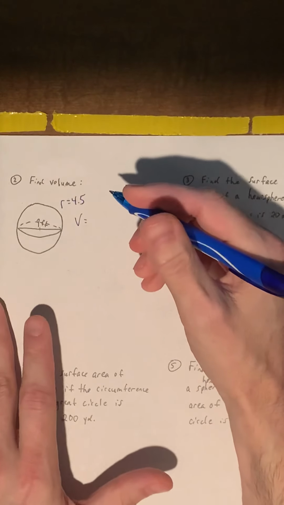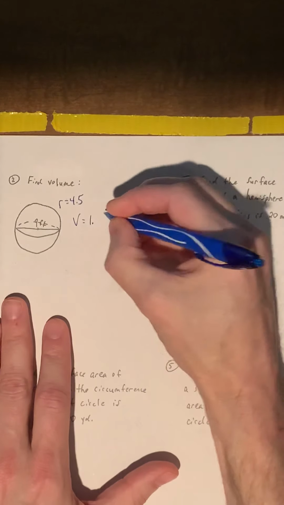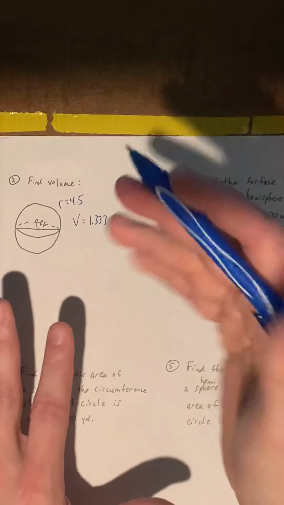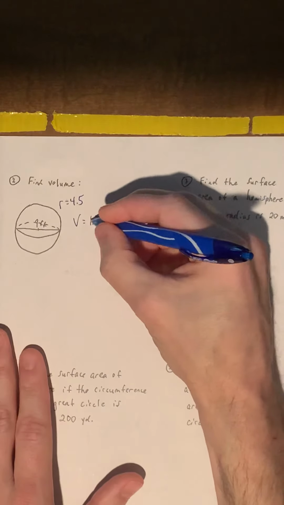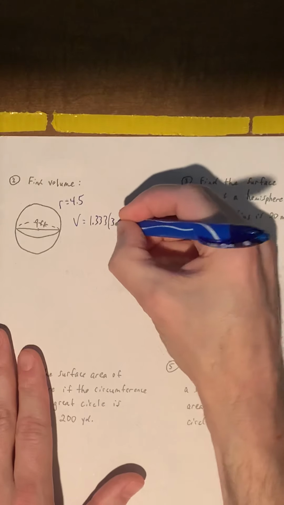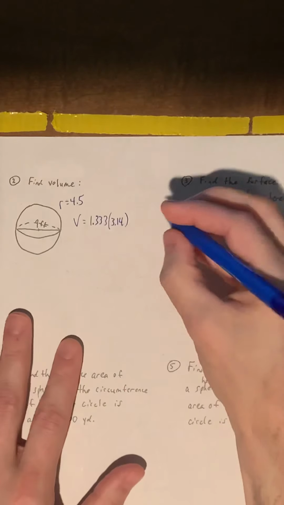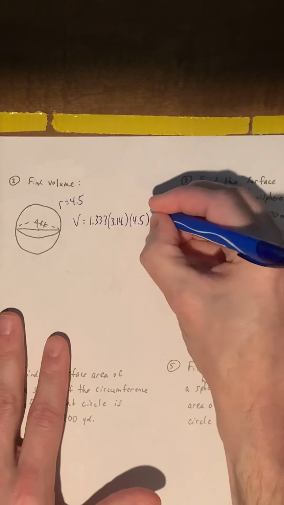And I guess since we're just multiplying everything and rounding anyway, let's just go ahead and use the decimal equivalent of 4/3. You don't have to, but we can if we want. So this is 4/3, and then pi, so 3.14, since we have to round anyway. And then radius cubed, 4.5 cubed.